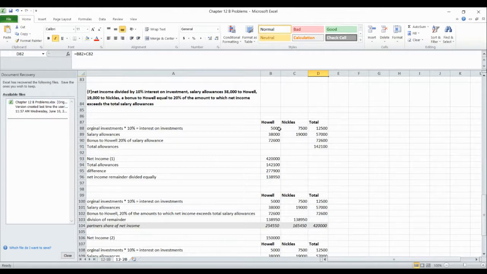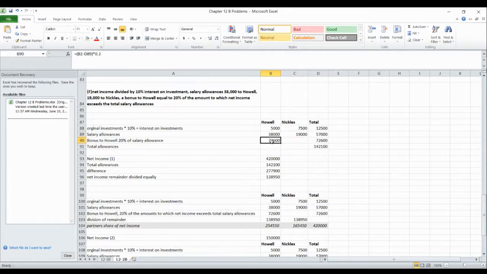So again, your 10% interest on the investment was $5,000. That was 10% of $50,000 for Hal, and for Nichols, it was 10% of $75,000. The salary allowances also were given at $38,000 and $19,000 to Nichols.